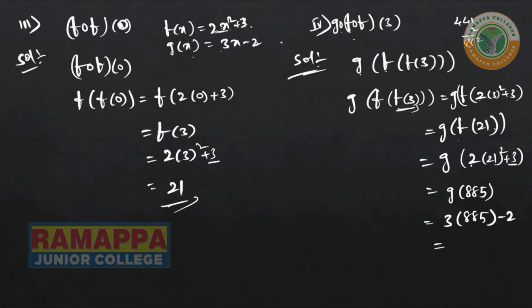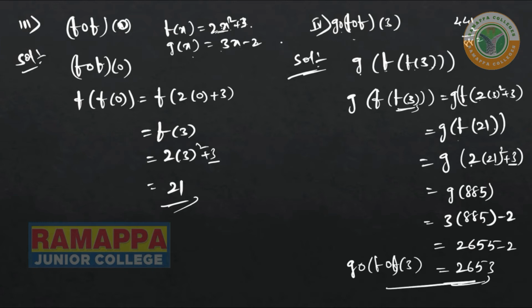So multiplying 885 into 3 we will get 2655 here, minus 2, it is equal to 2653 is the answer here. So g of f of 3 value will come as 2653 here.